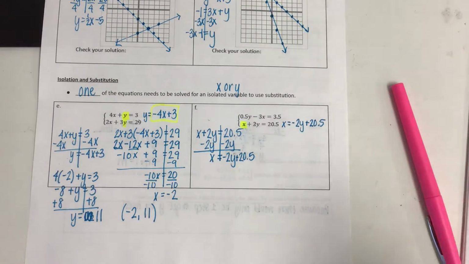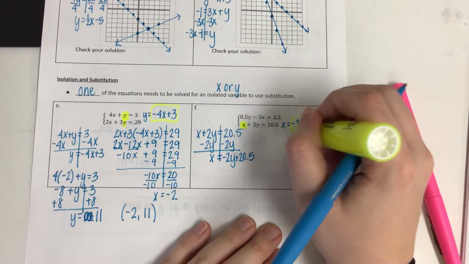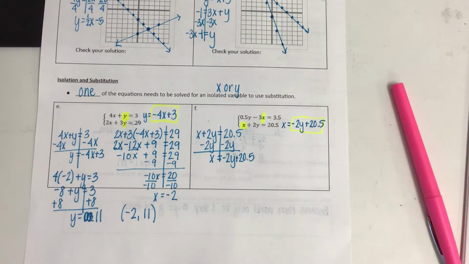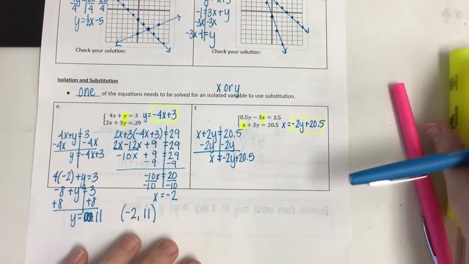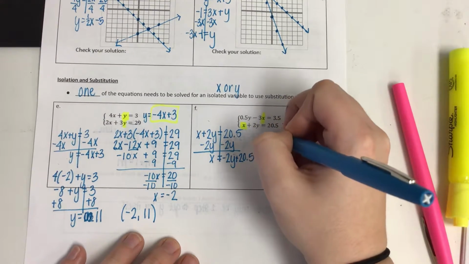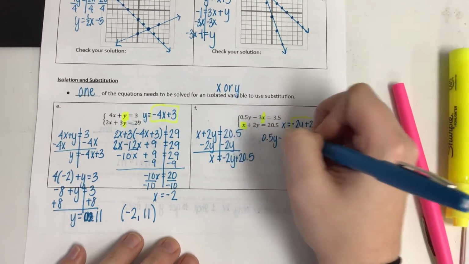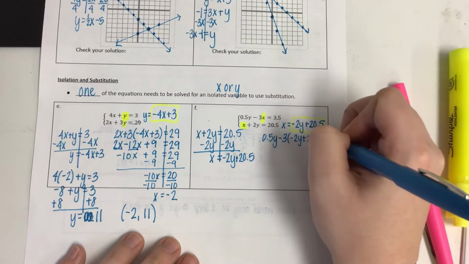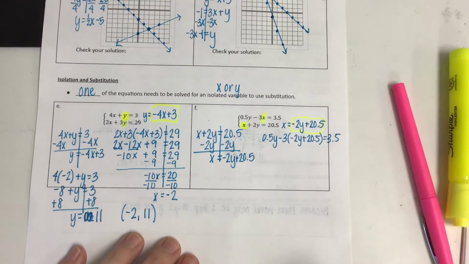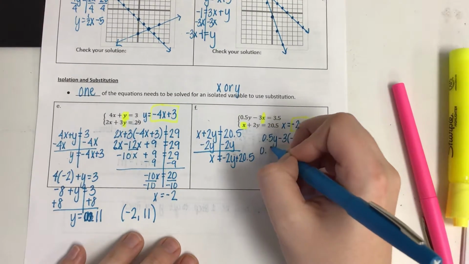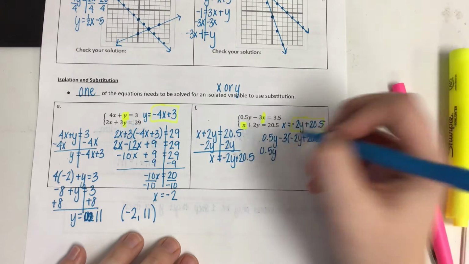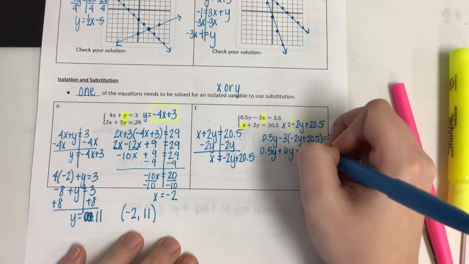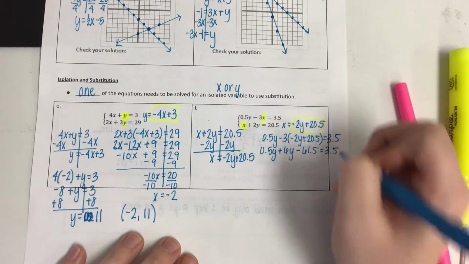Since I have an x by itself, I am going to replace the x in my first equation with the second part of my second equation. So we're going to write this as 0.5y minus 3 times -2y plus 20.5 equals 3.5. We'll distribute to get 0.5y plus 6y minus 61.5 equals 3.5.